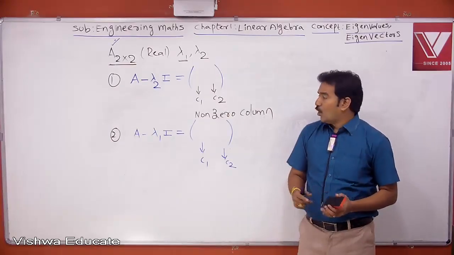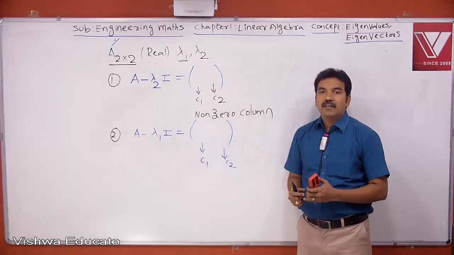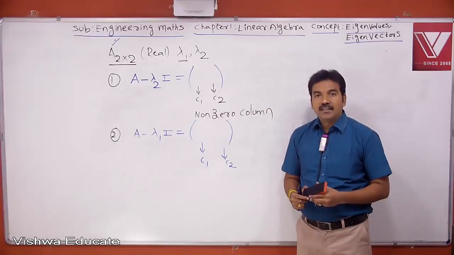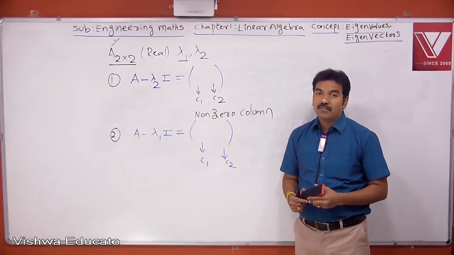Second point, the non-zero columns of A minus lambda 1 I are nothing but eigenvectors of A with respect to lambda 2.